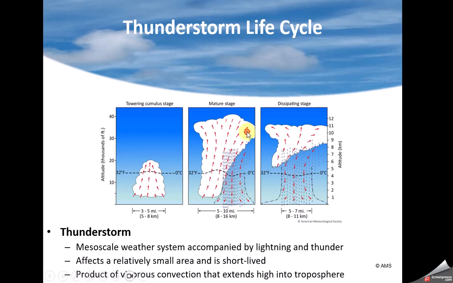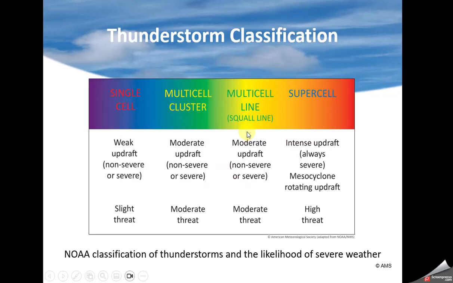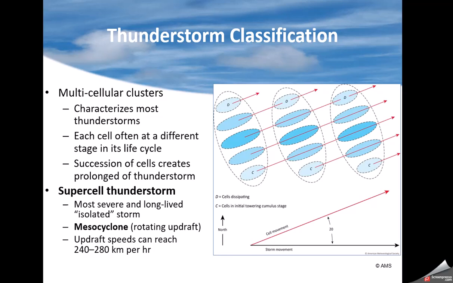However, we don't typically. We have single cells like that many times in the summertime. We can get multi-cells, a line of them, maybe a supercell. So interestingly, thunderstorms develop, and there's something interesting that happens. In other words, they develop, say, on the southern end of a line.